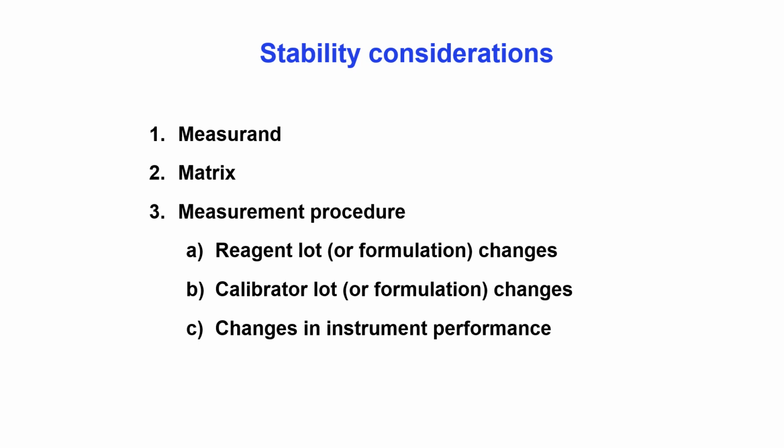And key stability considerations include the stability of the measurand, the stability of the matrix, and the stability of the measurement procedures that are going to be applying a correction. And highlights are the reagent lot or formulation changes, calibrator lot or formulation changes, and any changes in instrument performance due to replacement parts, maintenance, etc. over time.